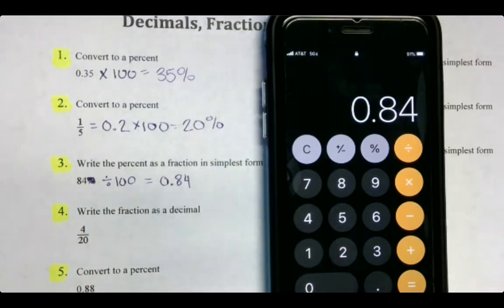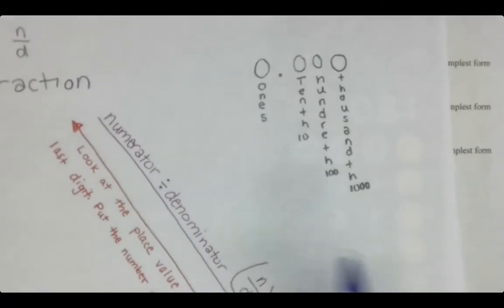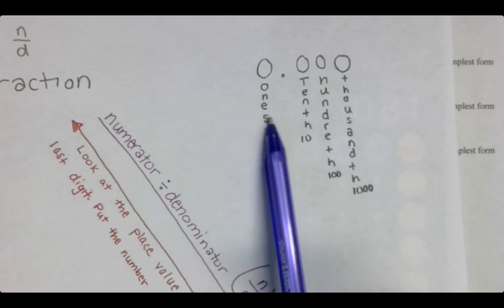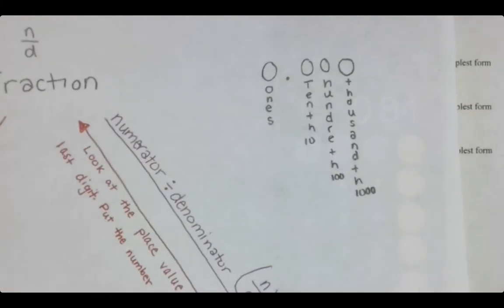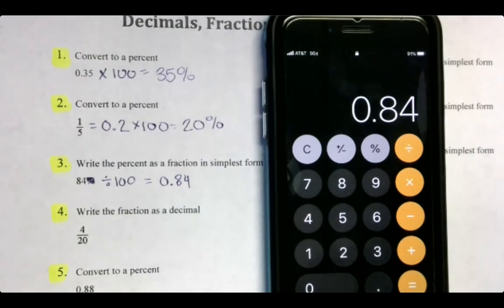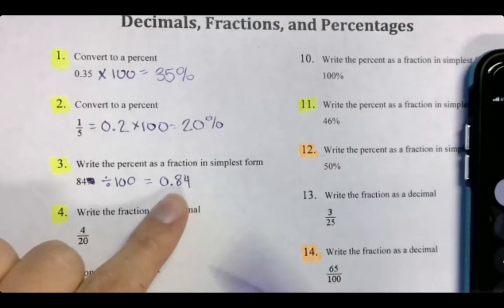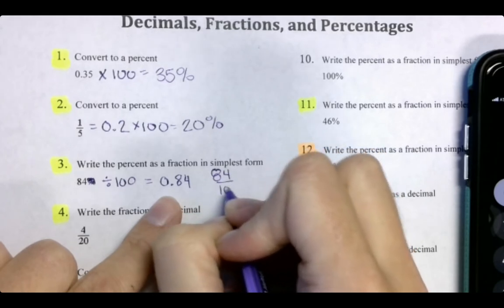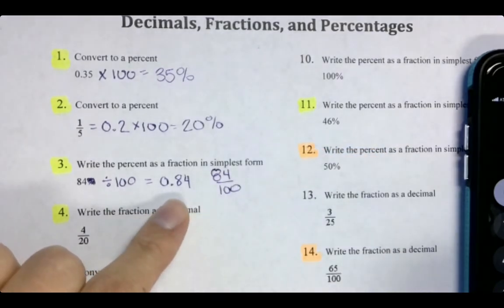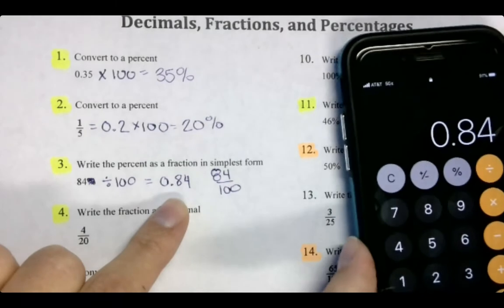If we look at our chart that was in the corner, we have 0, 4, 0 ones, and we go to the hundredths. So our fraction will be 84 over 100. Now we just need to reduce it.